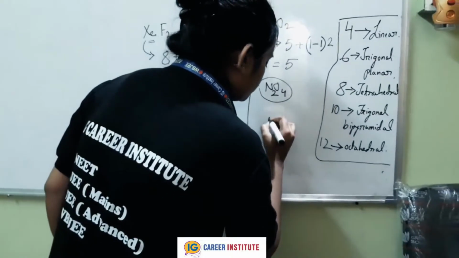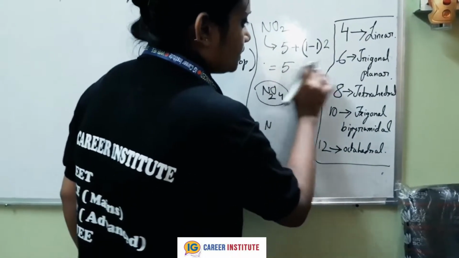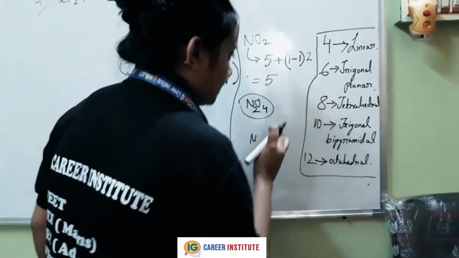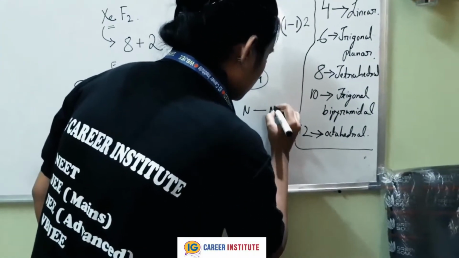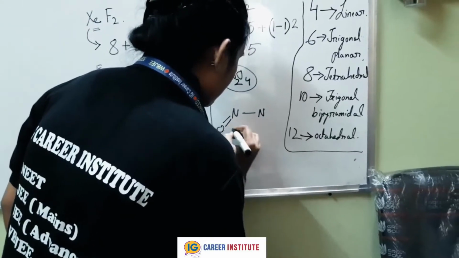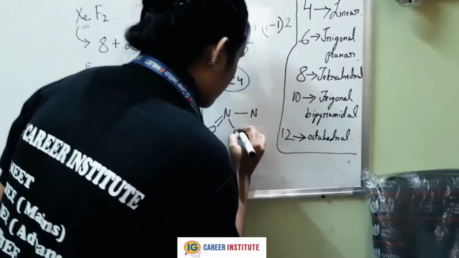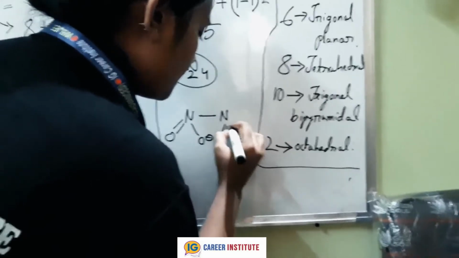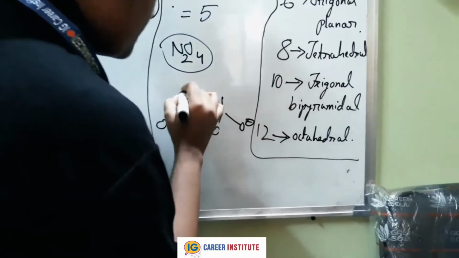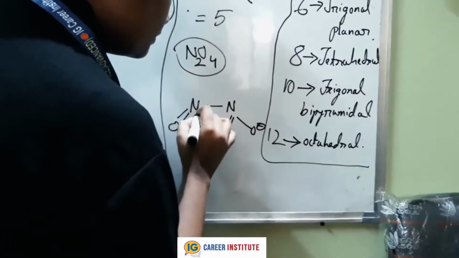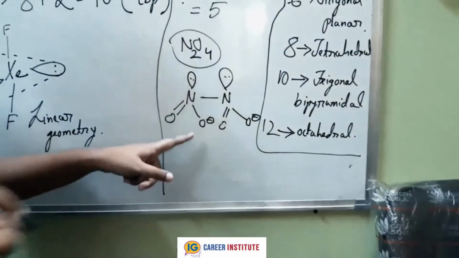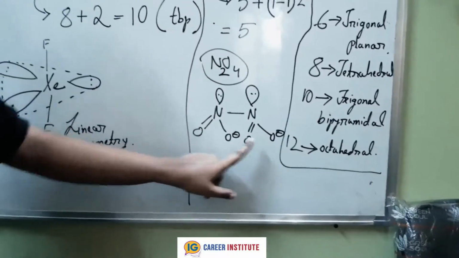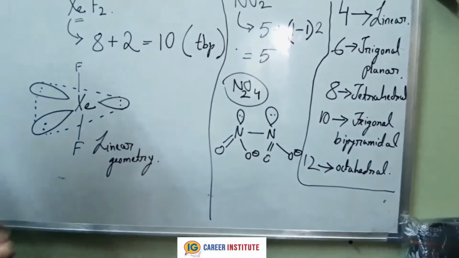Okay, so see, 5 is coming in between 4 and 6, right? So this will be the basic structure of N2O4, which is non-linear, correct?